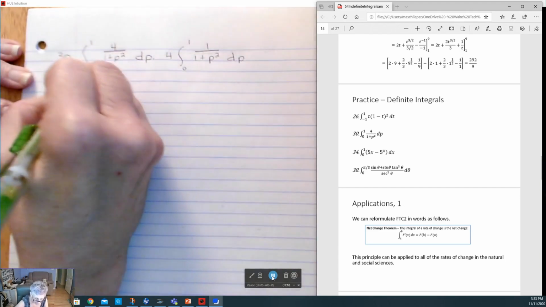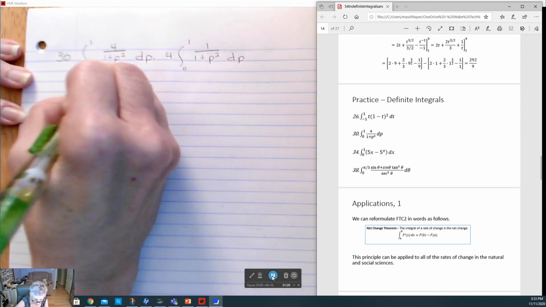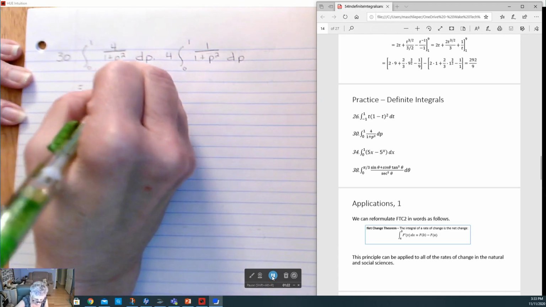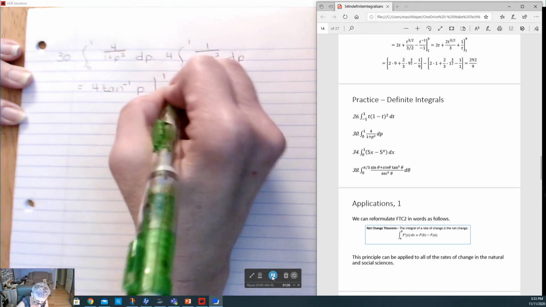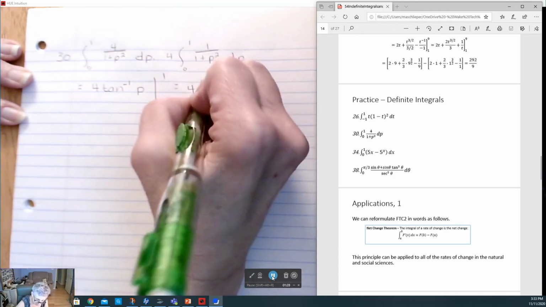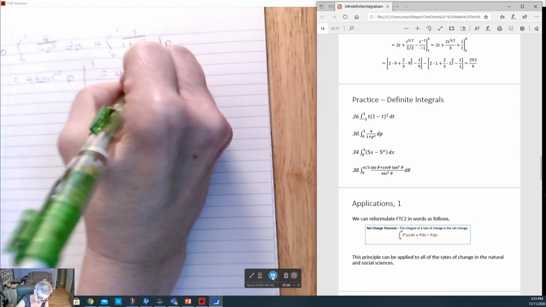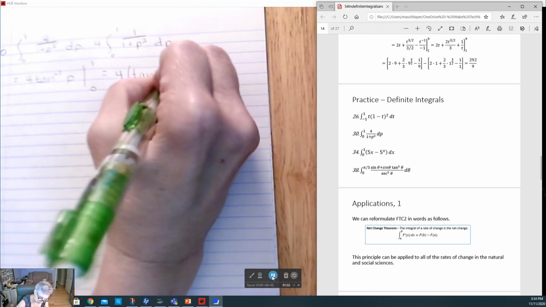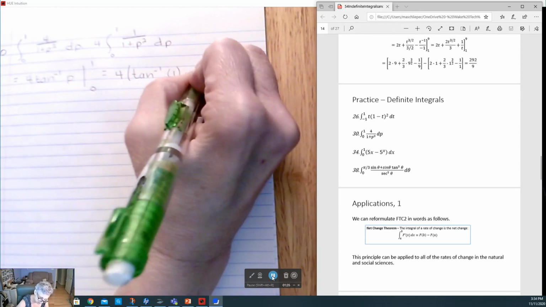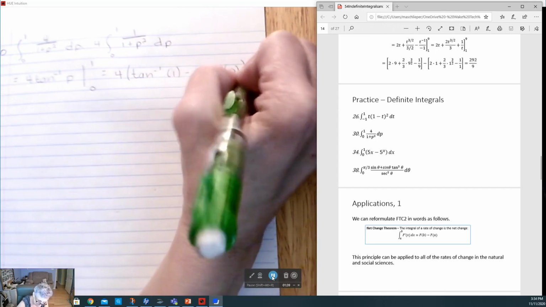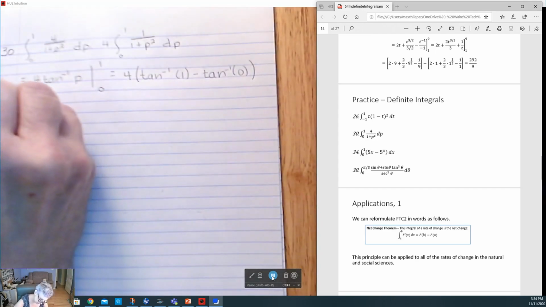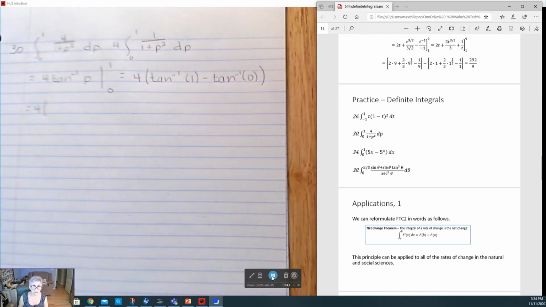It's the inverse trig function and it's inverse tangent. You need to get those memorized. So inverse tangent of 1 minus arctangent of 0. So what is the arctangent of 1?